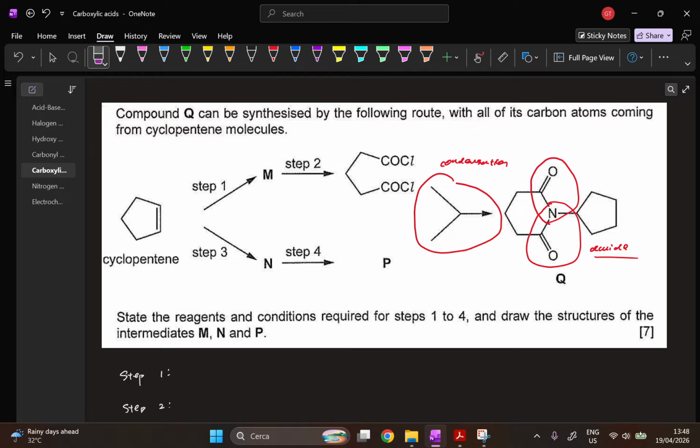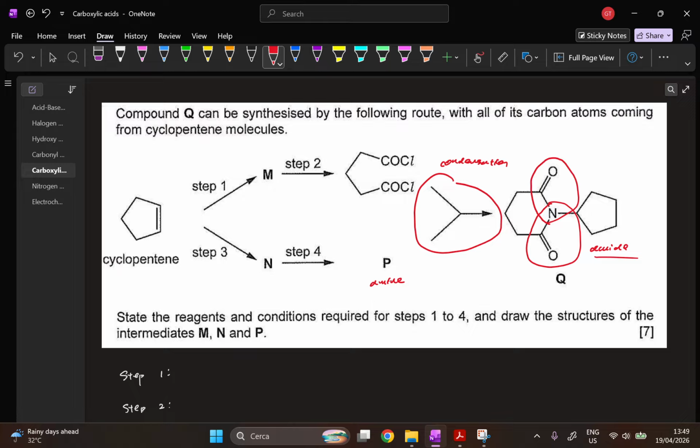Your COCl group. So think about it. What is the other thing that undergoes condensation with an acyl chloride to form an amide? We've just covered this in this topic on carboxylic acids. Obviously, this is going to be an amine, right? More specifically, it's supposed to be a primary amine.